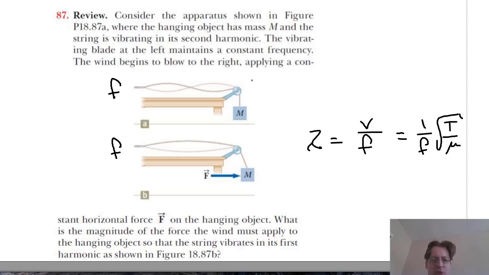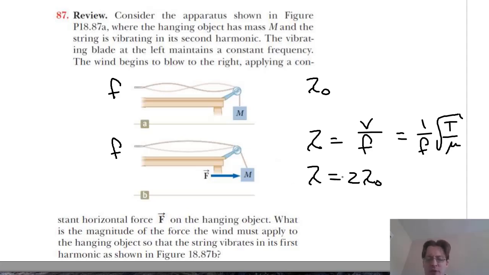What we know is this has a wavelength, let's call it lambda naught, the original wavelength. It's just equal to the length of the string. But in the second picture, with the speed higher but the frequency the same, now the wavelength has doubled. Now the wavelength would be twice the length of the string. Twice the original wavelength.